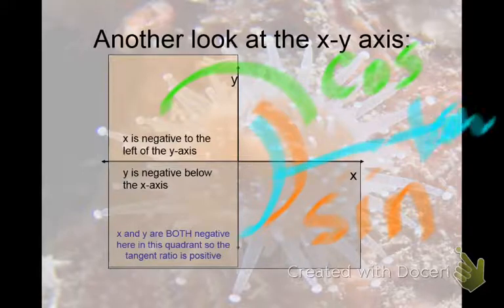And those are the only quadrants that your calculator will give you an answer for. Of course, we have to use our brain and know that there are two quadrants for each that could be positive or negative. And so let's look at the next slide to see how we might do that.